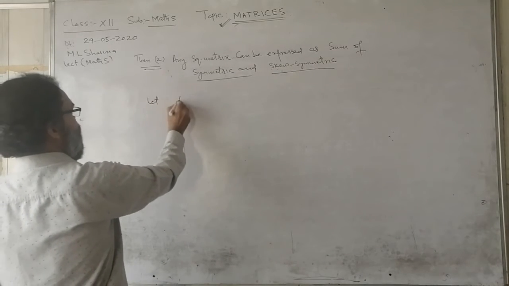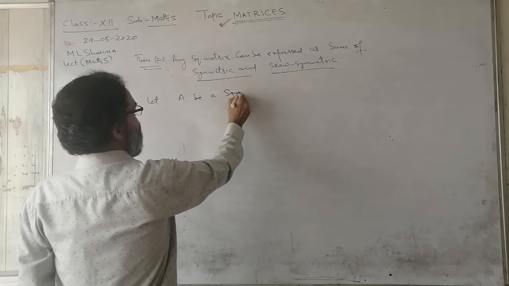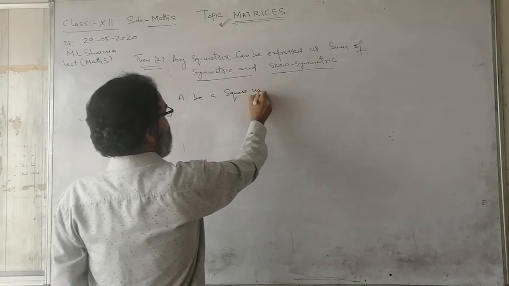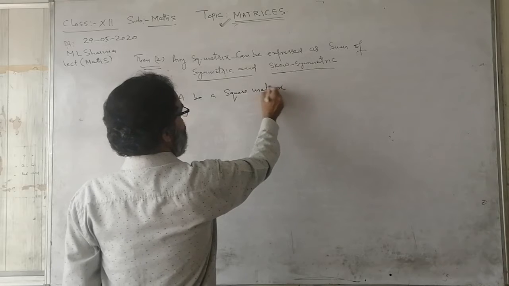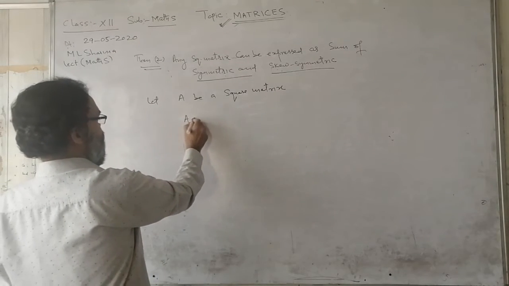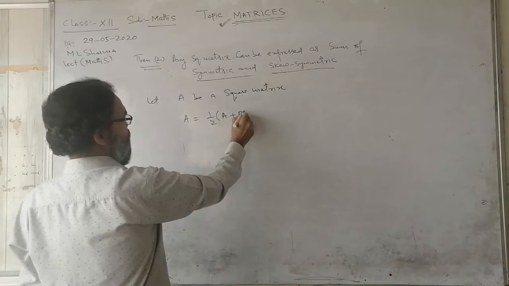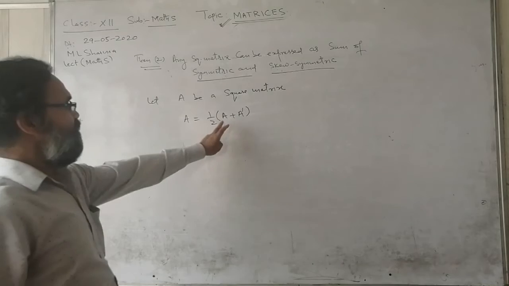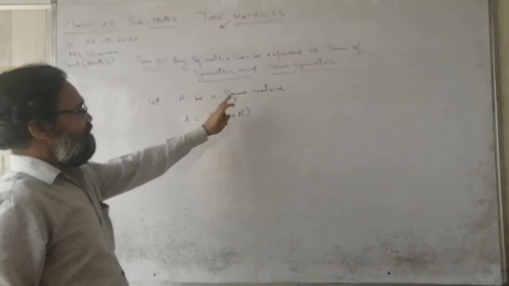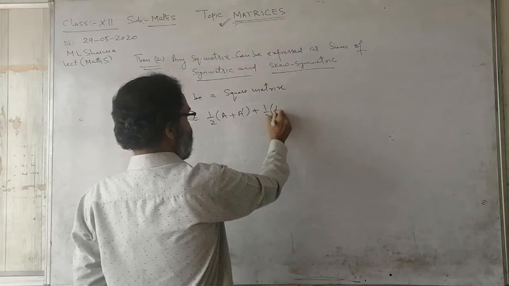So let A be a square matrix. So if this is a square matrix, that means it can be expressed as a sum of symmetric. So A plus A transpose is a symmetric plus half.